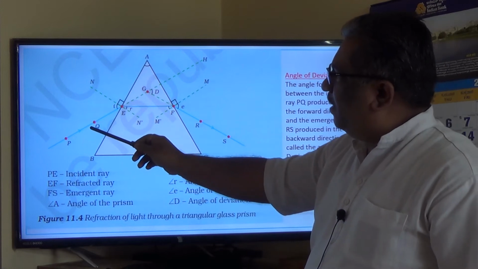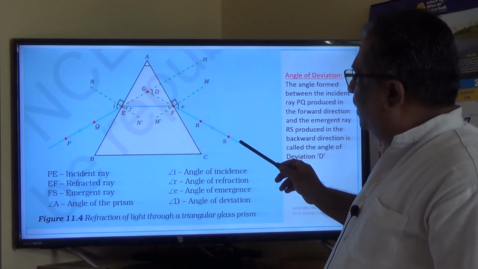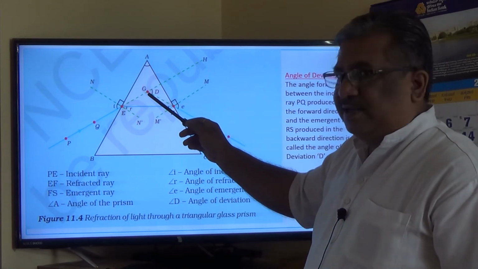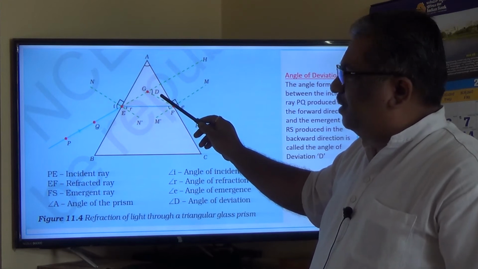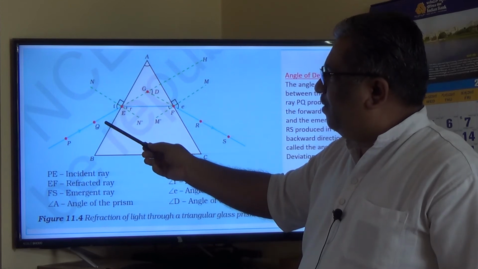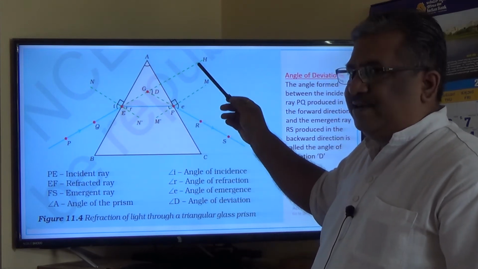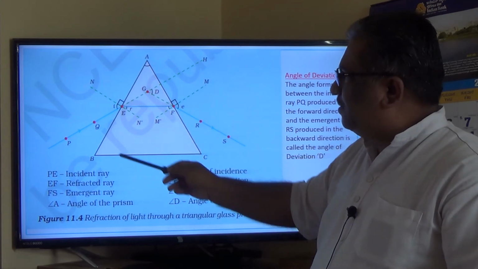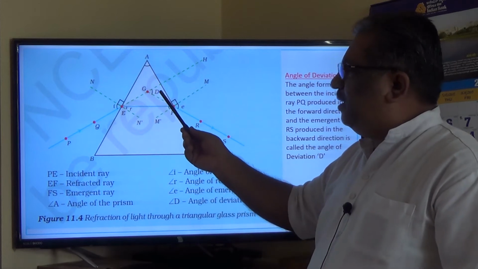The angle between the incident ray produced and the emergent ray produced backwards is this capital D here, which is called the angle of deviation, meaning the incident ray PQ in the absence of a glass prism would have passed straight, but in the presence of the prism it is making an angle of deviation D over here.